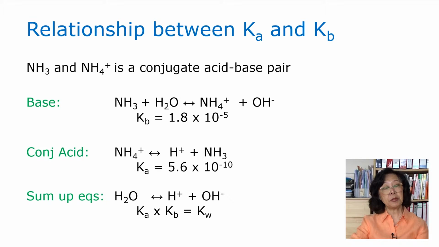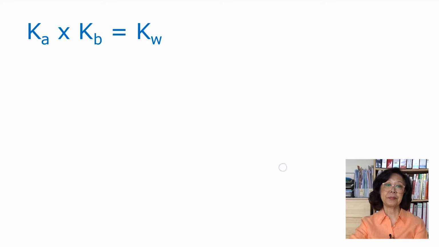Now if we add up the two equations, we can cancel out the ammonia and the ammonium ion on both sides of the arrow. We end up having the ionization of water to form hydrogen ion and hydroxide ion. Remember from the equilibrium unit that when we add up two equations, we multiply the K values together. So now we have Ka times Kb, which is equal to Kw, the ion product of water.